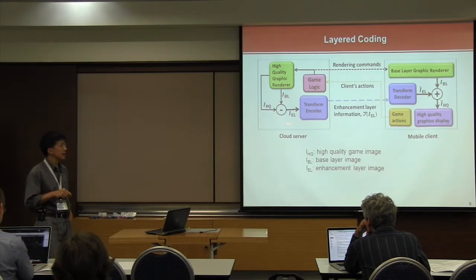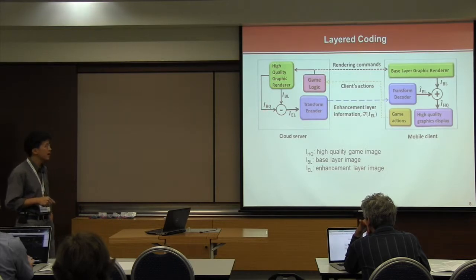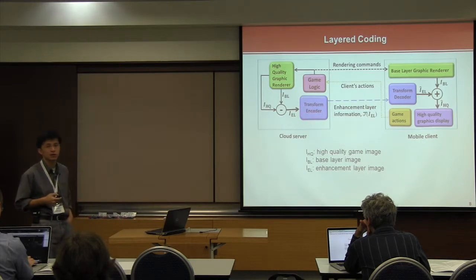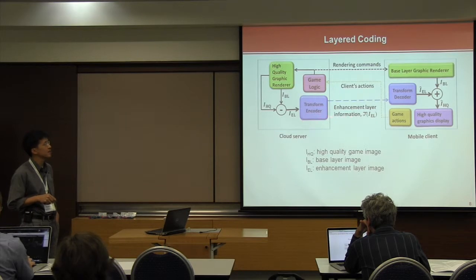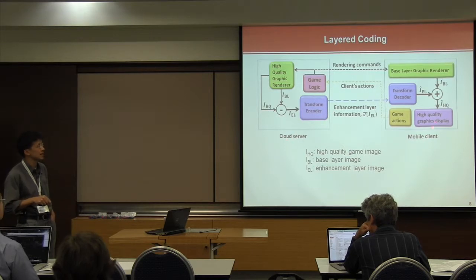To generate this enhancement layer image, we subtract the base layer image from the high-quality game image in the pixel domain. And we further compress this enhancement layer image using H.264 intra-frame coding. And the encoded enhancement layer constitutes the enhancement layer information that is sent from the server to the client.